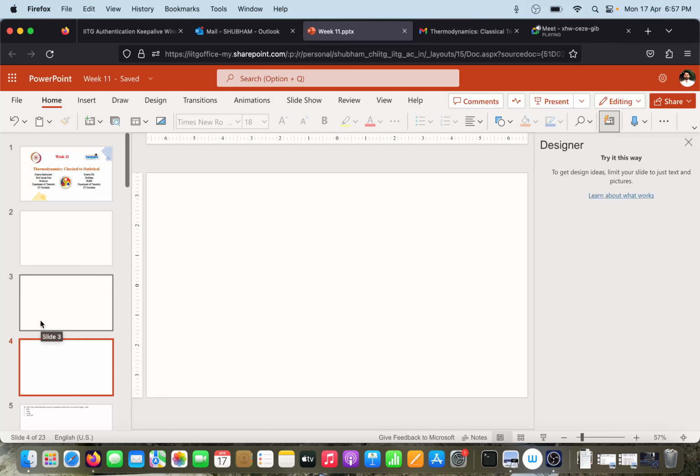Sigma is equal to 2 for homonuclear diatomic gases like H2, Cl2, etc., whereas sigma is equal to 1 for heteronuclear gases like carbon monoxide and others as well.